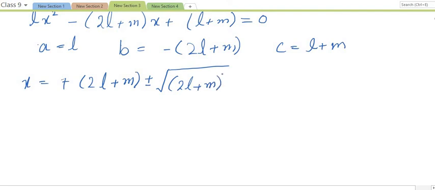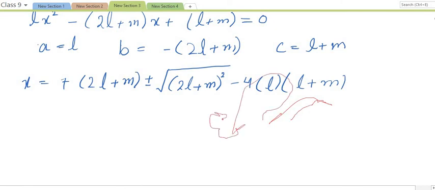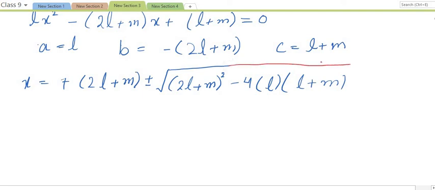There is a minus sign which is positive due to the square, minus 4ac.